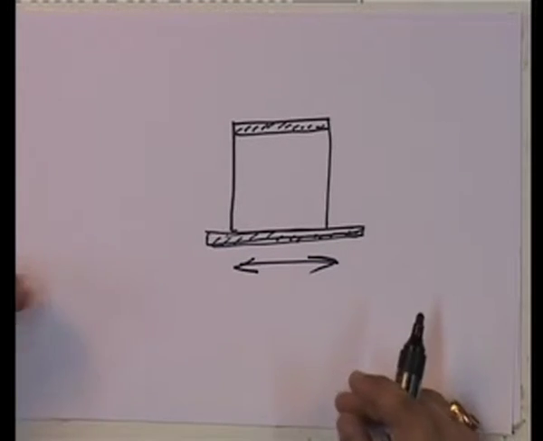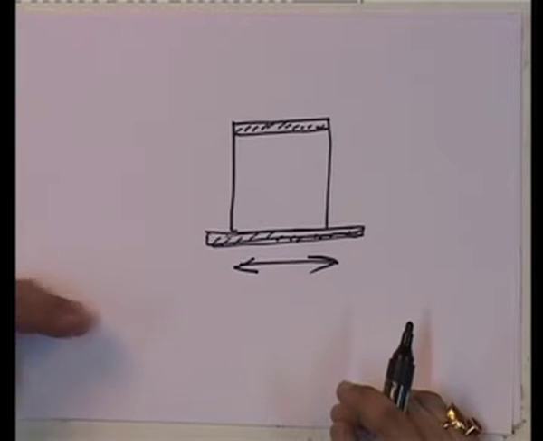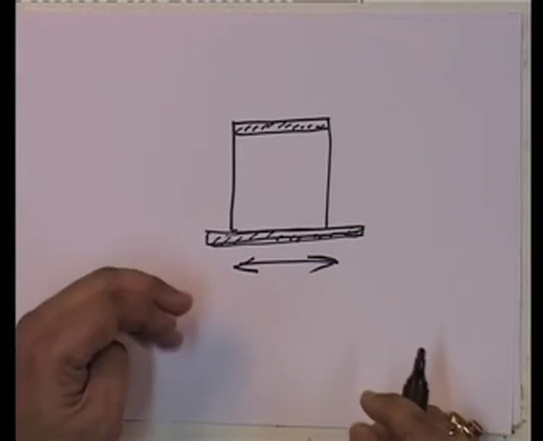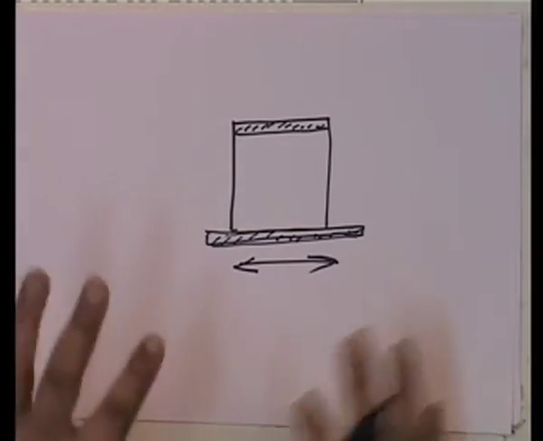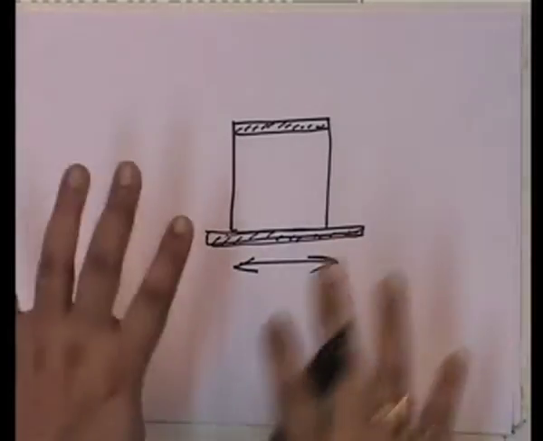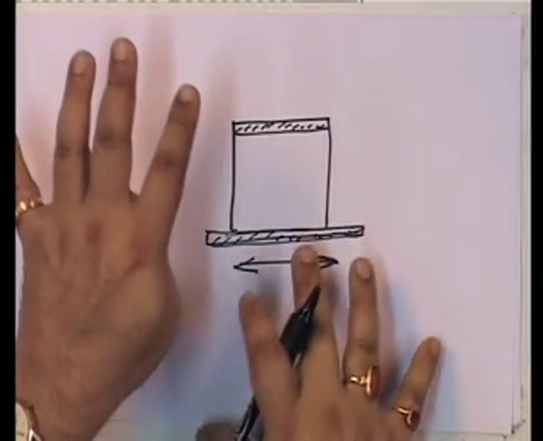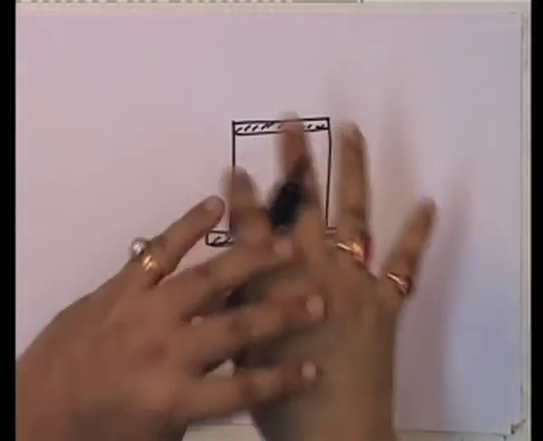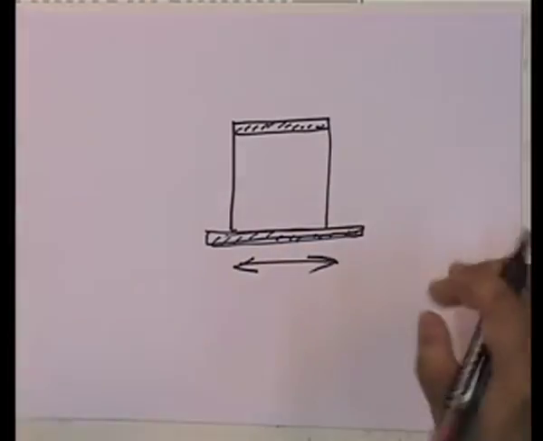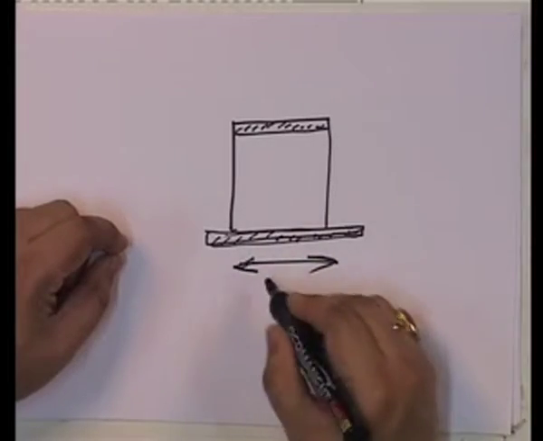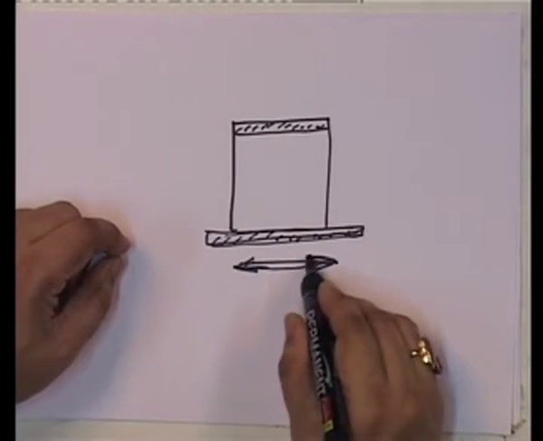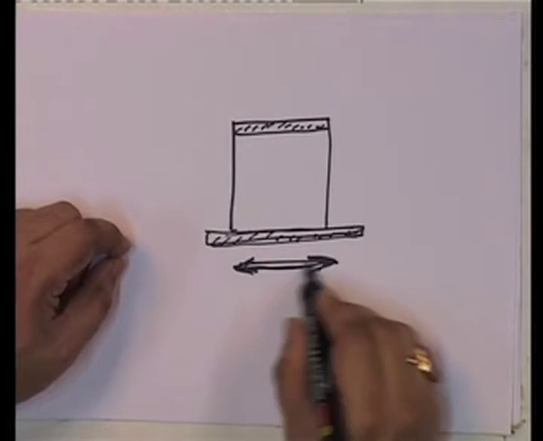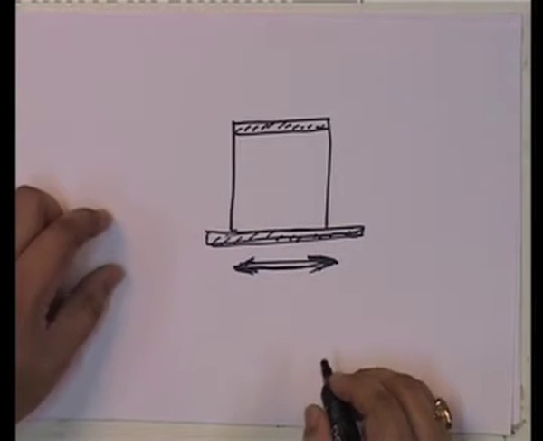So, in other words, when the earthquake comes, actually earthquake is fairly complex because it is three dimensional. The ground will shake in this direction, it will shake in this direction. There will also be vertical shaking, but let us just look at unidirectional shaking for now, because this is the simplest kind of situation.